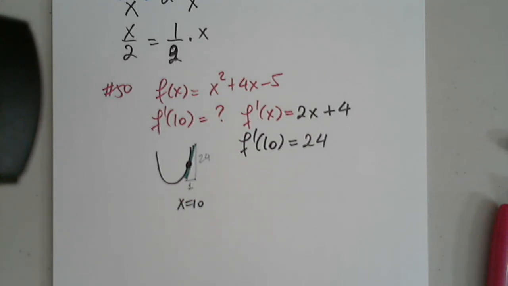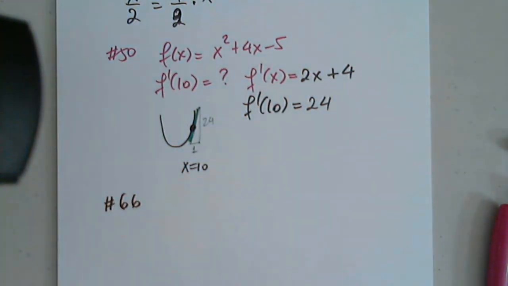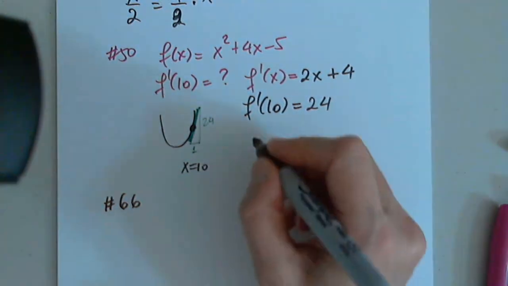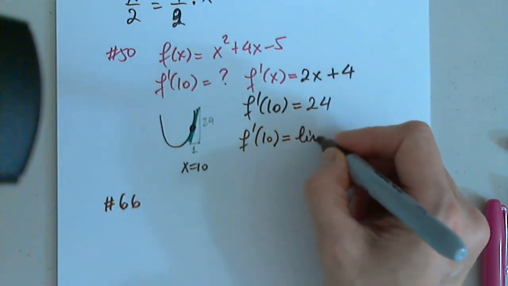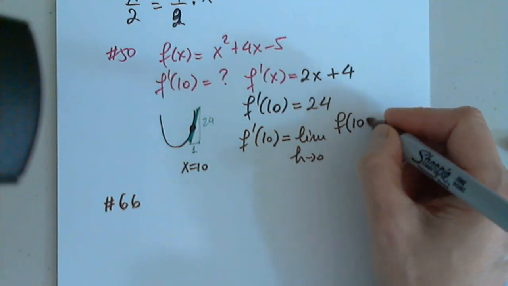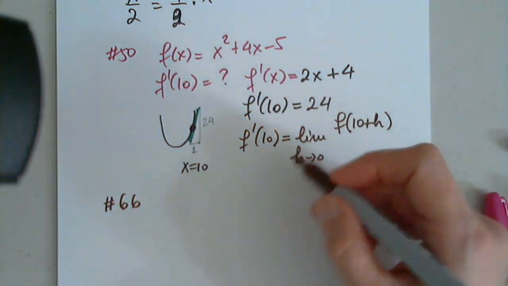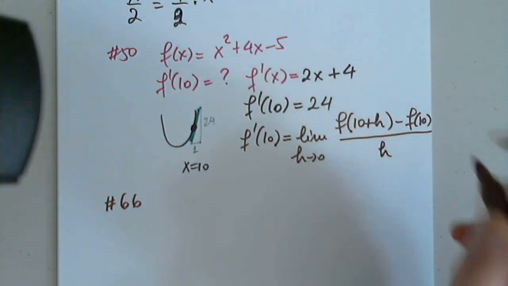Here is another problem. Let's say 6. Yes? I have a question. So is this the exact same as the limit as h approaches 0 of the difference quotient? Yes. So f prime of 10 is the limit, very good question, as h approaches 0 of f of 10 plus h, where I replace x by 10 everywhere, minus f of 10, divided by h.